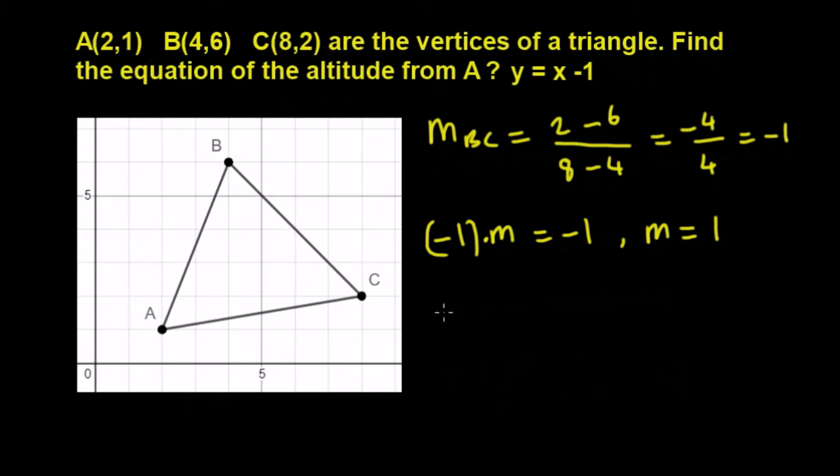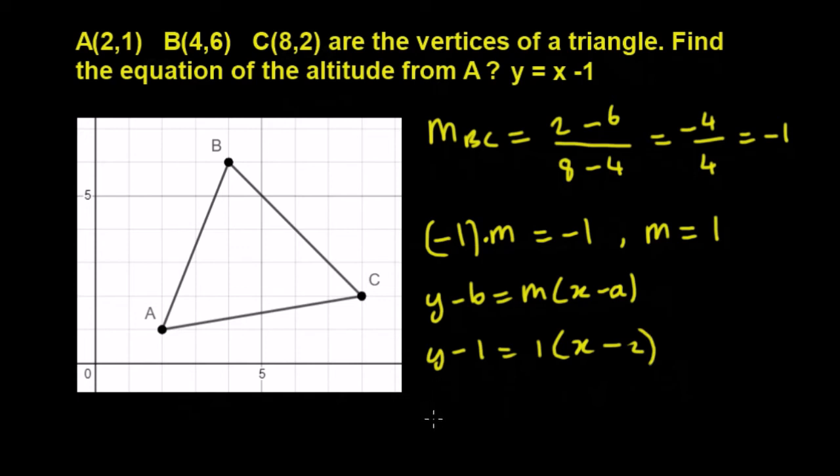With a gradient and a point, we can use our equation y minus b equals m times (x minus a), and we just put the numbers in. So y minus b, so this is going to be 1, equals the gradient, which is 1, times (x minus the a, which is 2).